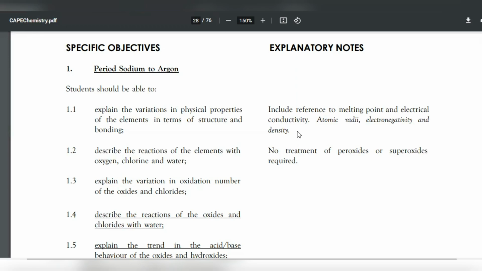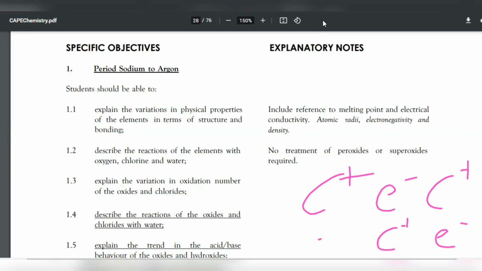In other words, metals lose their valence electrons to a sea of electrons. What you have happening inside that metallic structure is a cation, C+, which is connected to an electron, which is connected to a C+, and then another cation and another electron.